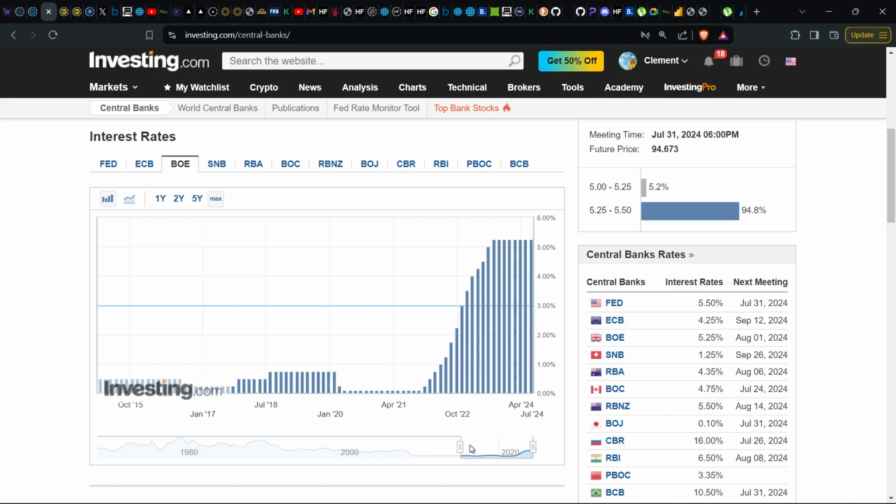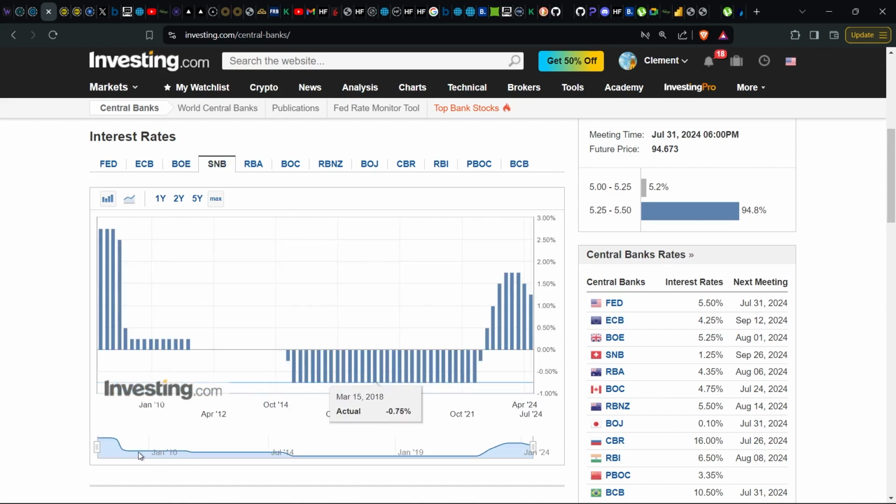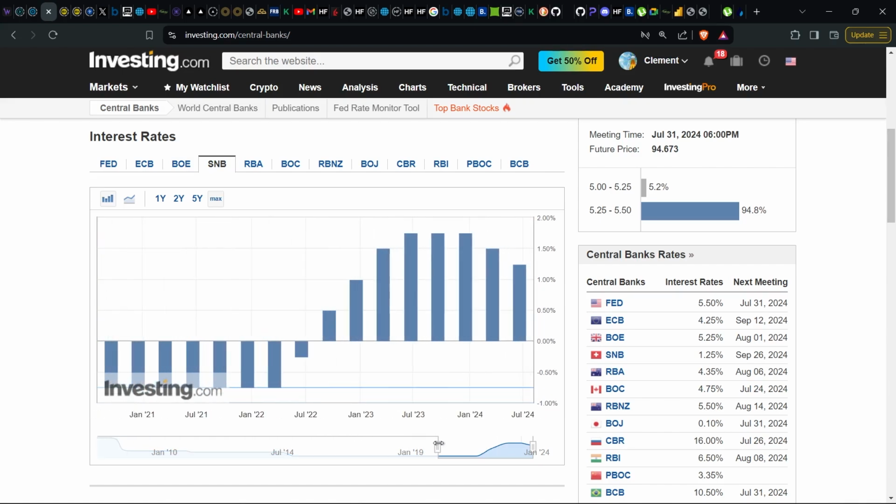Even these other central banks, you can see the trajectory of hiking the rates and the speed was quite unprecedented, which of course is justified by the high levels of inflation we've seen for quite a while in various big economies.